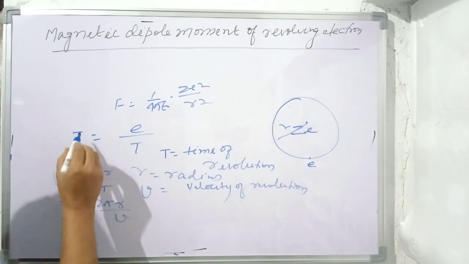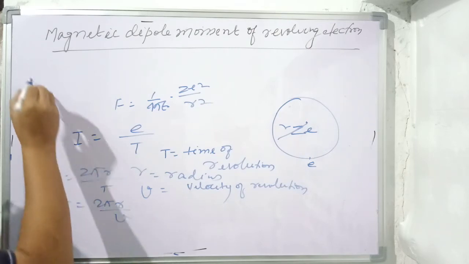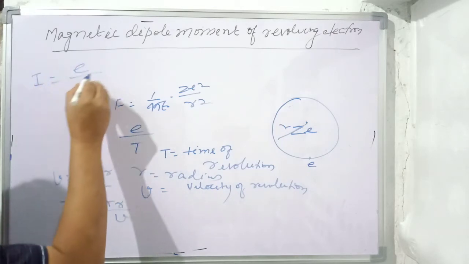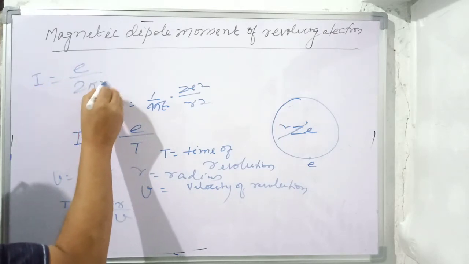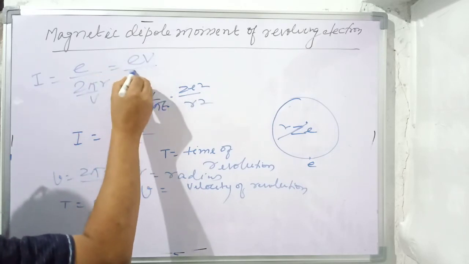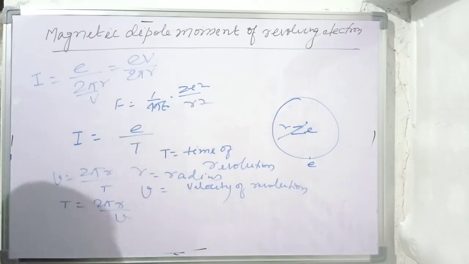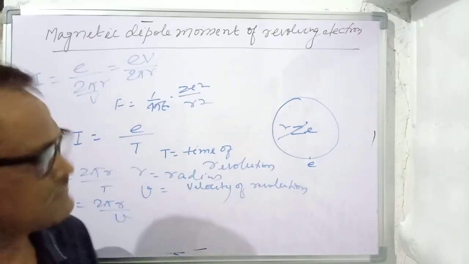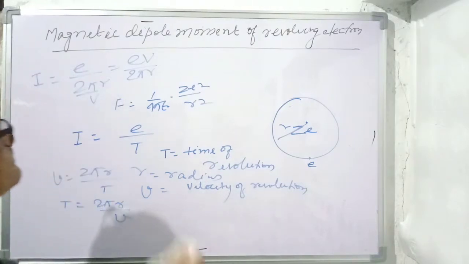Putting this value in I, we get I is equal to e by (2 pi r by v), so it is equal to ev by 2 pi r, and this is the value of the electric current.